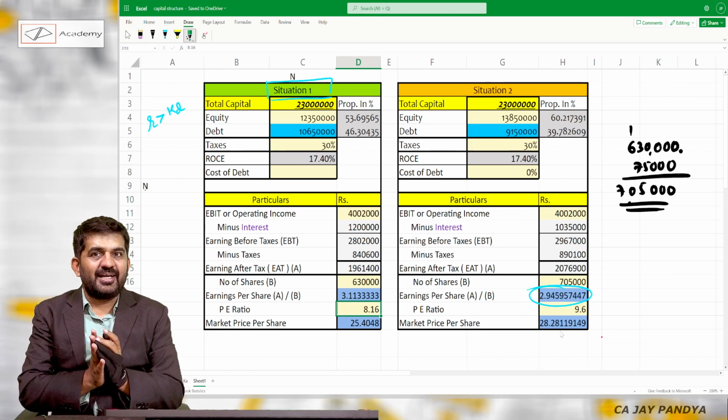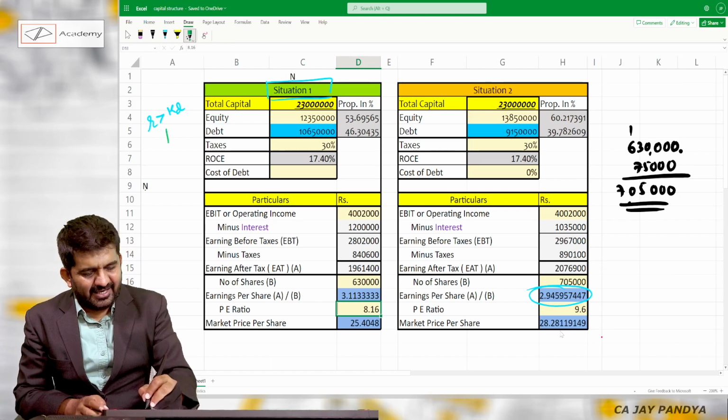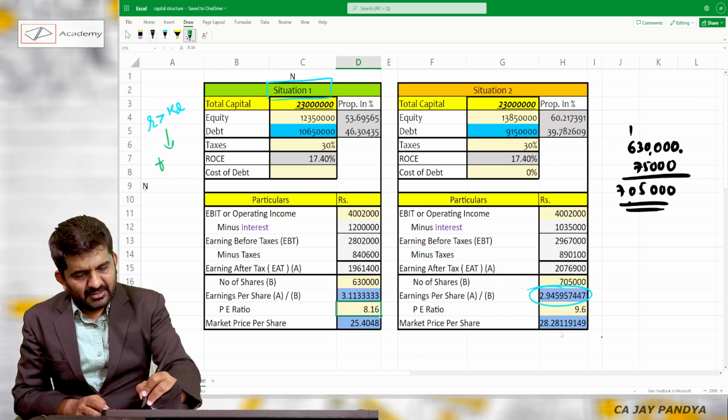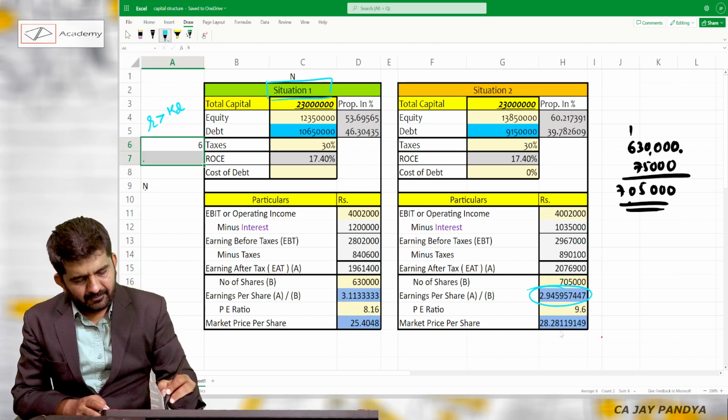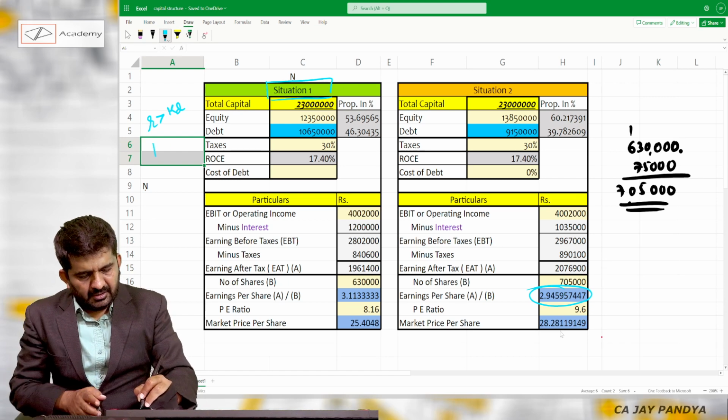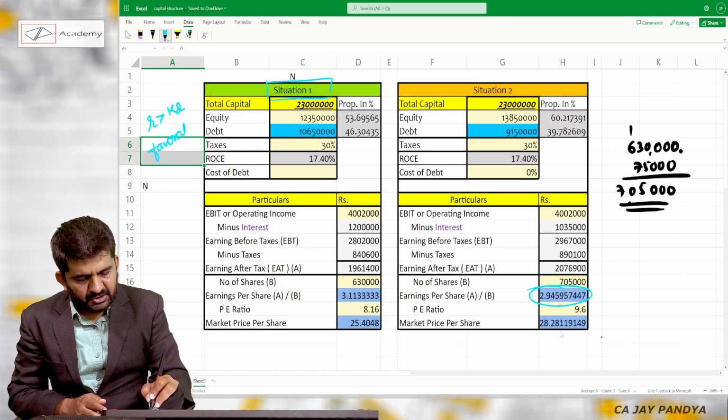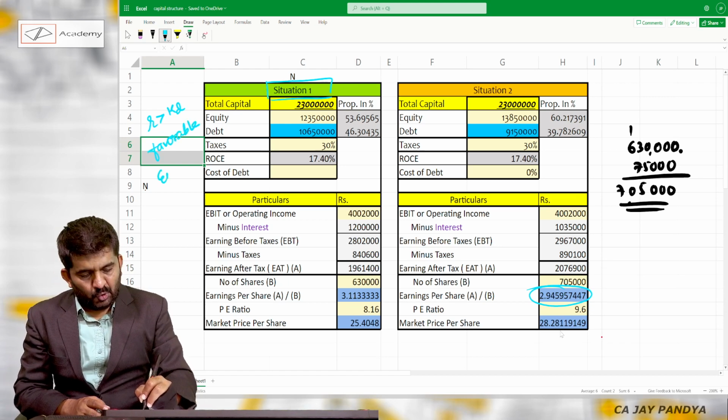So all of you are getting it. R is greater than KD. There is a favorable leverage, and so EPS in a risky plan is higher.